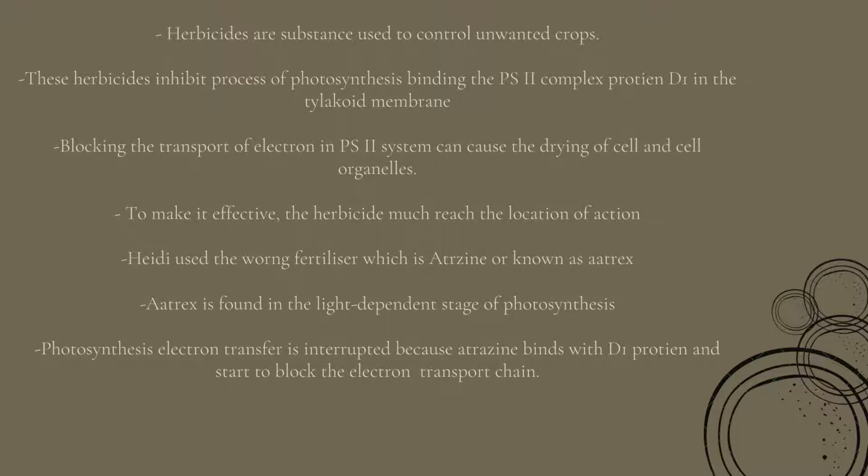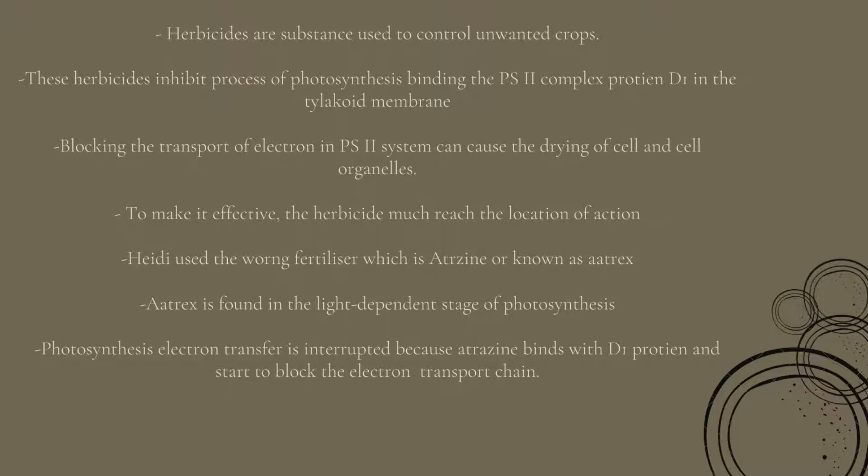The binding of the herbicides to this protein blocks electron transport and stops the fixation of CO2 and the production of energy, such as ATP and NADPH2, which are required for plants to grow.